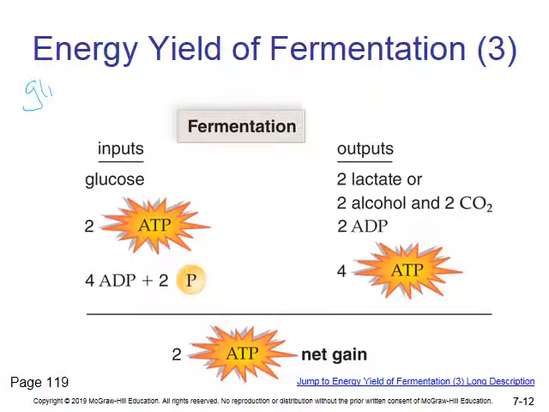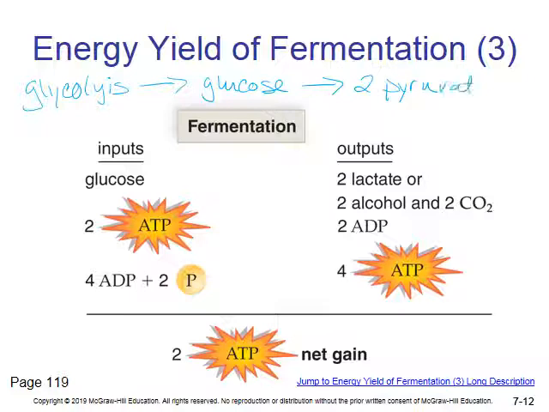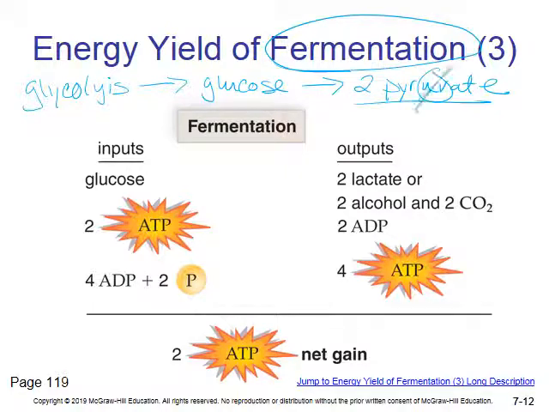We just saw glycolysis, and we know that glycolysis is when we take glucose and we turn it into 2 pyruvate. Sometimes fermentation occurs. So instead of pyruvate, you can create lactate if you're an animal.